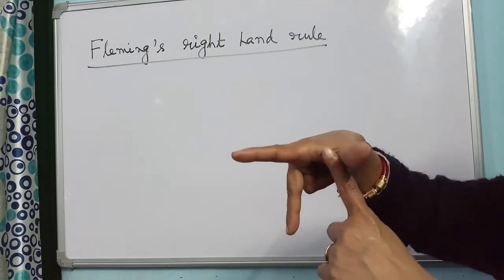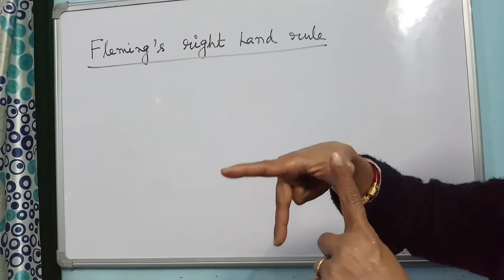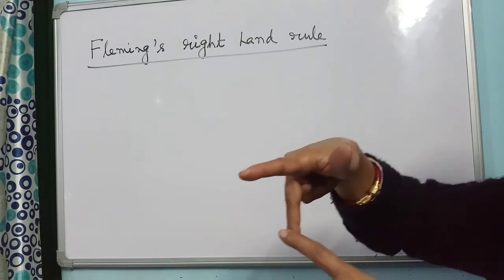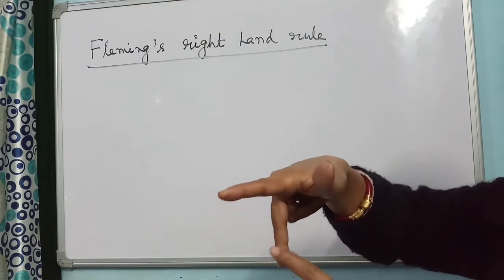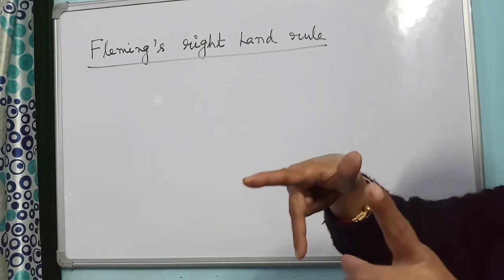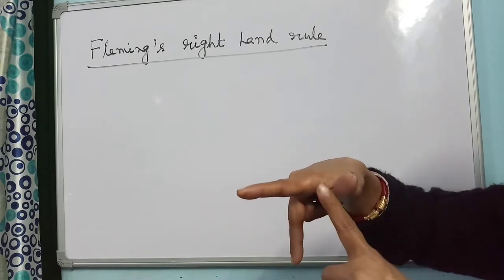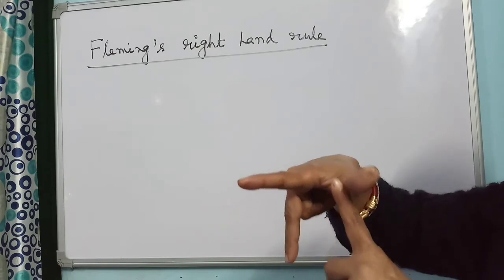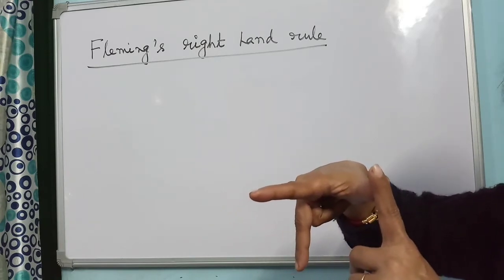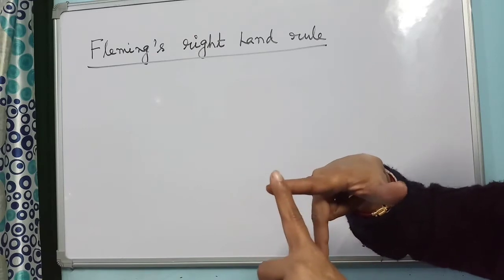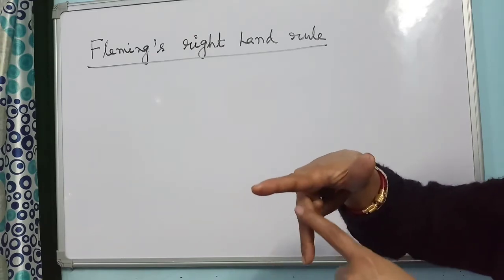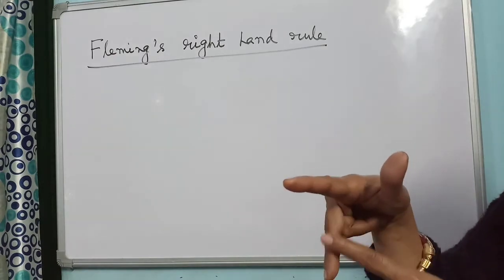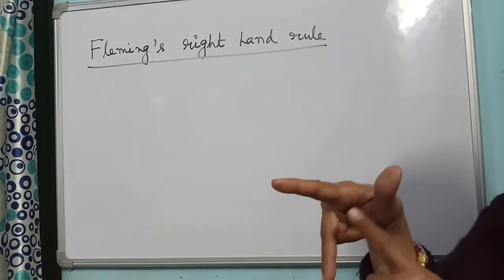F stands for the thumb, then the index finger is M, mother, and the middle finger is C, child. But here a little change is there. Here F, force, means the direction in which the conductor is moving. Then this is the magnetic field, and the middle finger is the direction of the induced current.